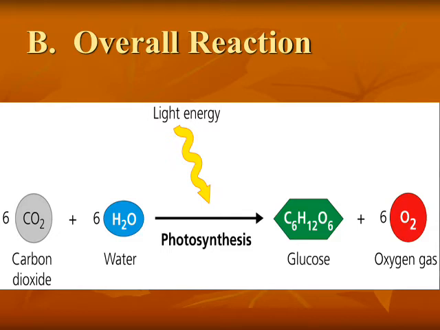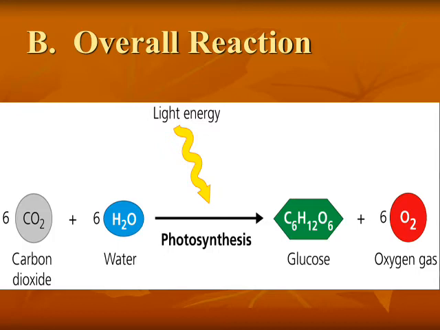So we start out with 6 molecules of carbon dioxide and 6 molecules of water. And in the presence of light energy, those 2 molecules in light energy undergo a process called photosynthesis.